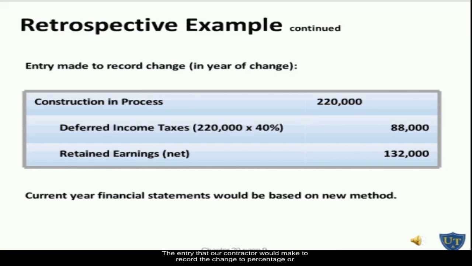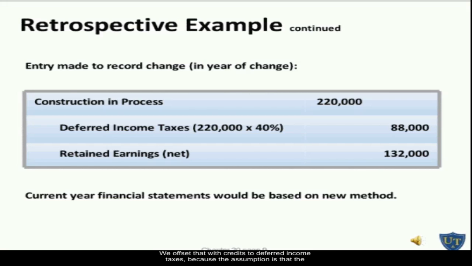The entry that our contractor would make to record the change to percentage of completion accounting is shown on this slide. Notice that construction in process is debited for $220,000, which is the difference on the previously issued financial statements between the accounting method they were using and the one that they're switching to.